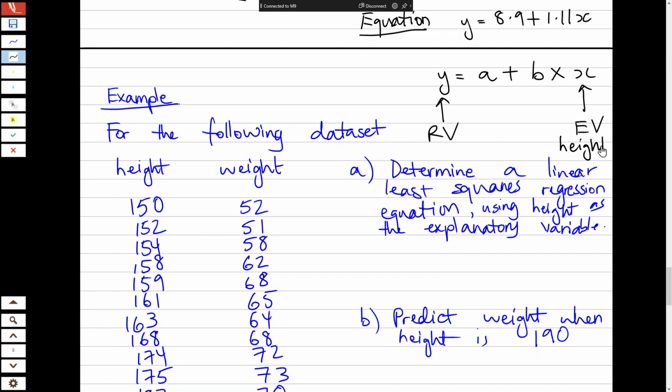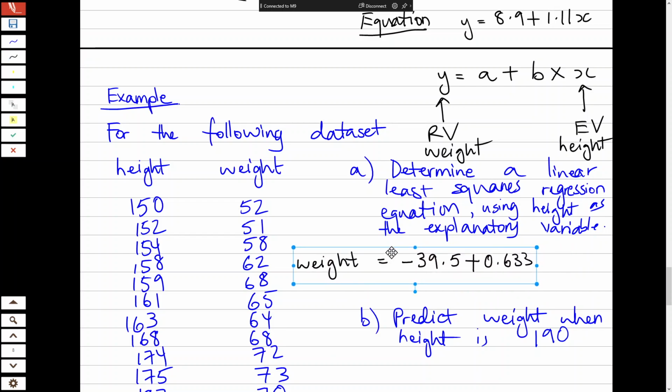Height was my explanatory variable, and therefore the other one, weight, is my response variable. So I'm going to write this equation with the word weight. There'll be rounding requirements sometimes, but I'll just use some sensible values. So weight equals A plus B times X, which in this case is height.